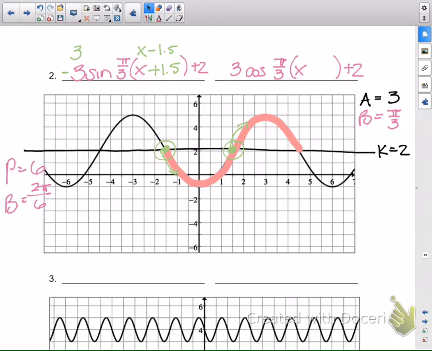Cosine, we must pick what kind of starting point? Max or min? What is probably the easiest one to pick for this? A lot of us miss the fact that right here in the middle is a minimum. Why is that the easiest one? Because I don't have to have an h value in there at all. That's 0.